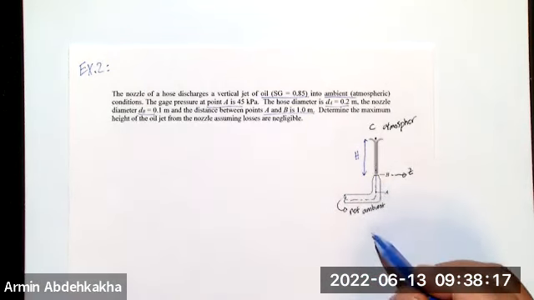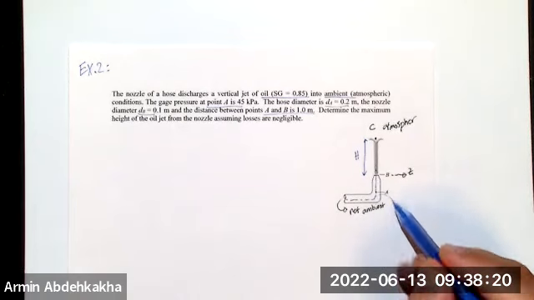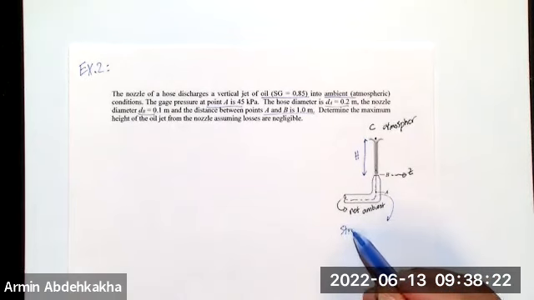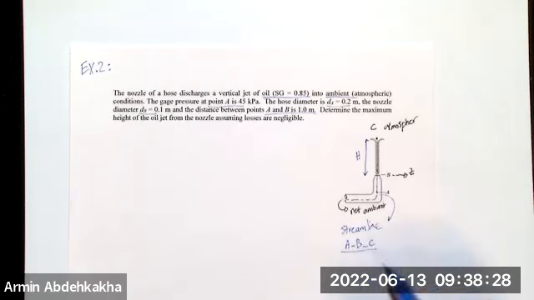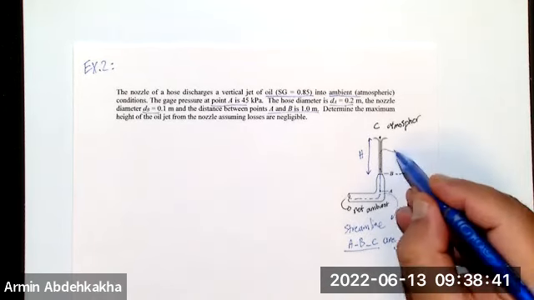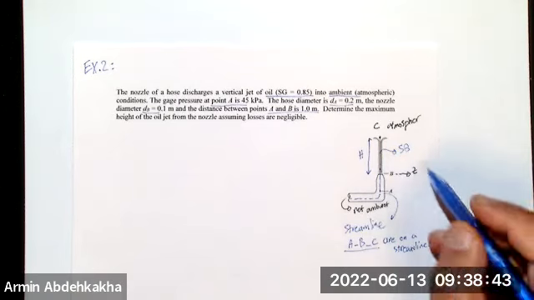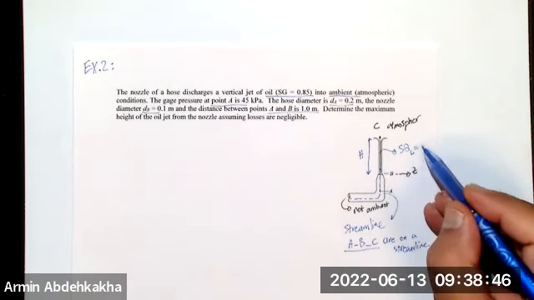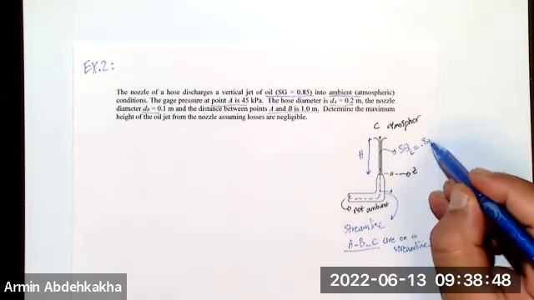So if that's my streamline, points A, B, and C are on a streamline. The only thing that we need to write here is SG of the liquid, which is 0.85.